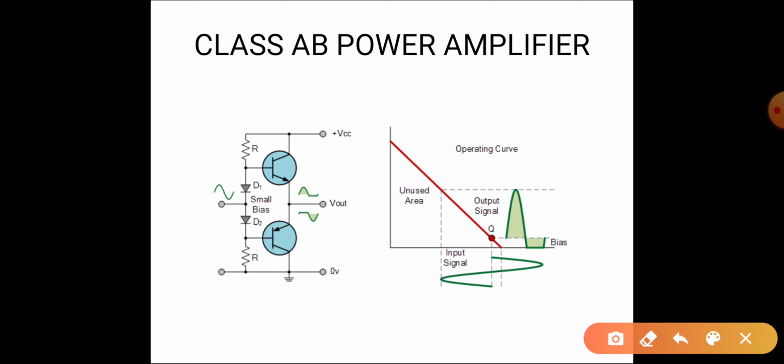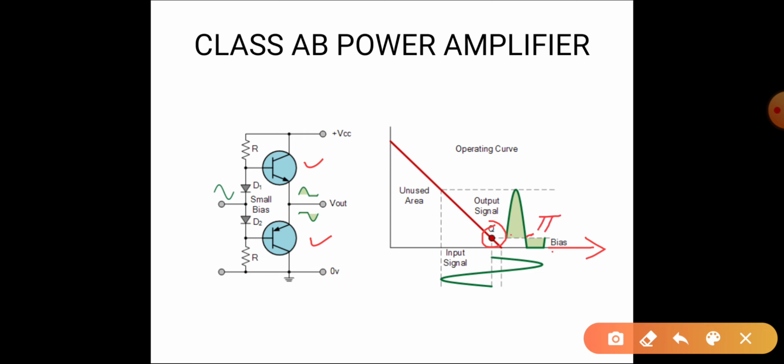Again this is a push-pull arrangement, one NPN and one PNP. See here, the Q point is set along the load line just above the x-axis. That is why the output signal will give, see here, 0 to pi.